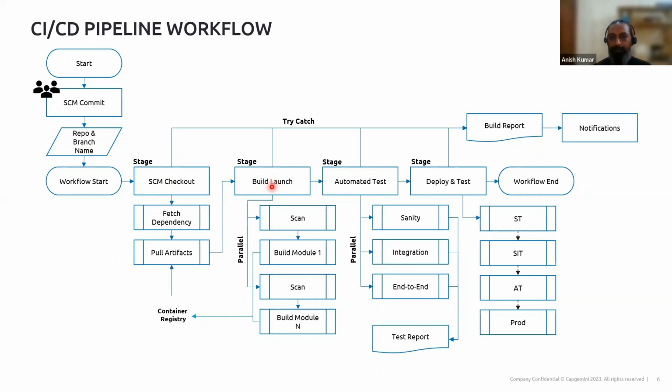Once the build is completed, a scan needs to be carried out. It could be your vulnerability scan, quality checks, and so on. Once these scans are completed, with the right threshold in place, if the quality and vulnerability do not breach that threshold, the build should be executed and an artifact should be generated.